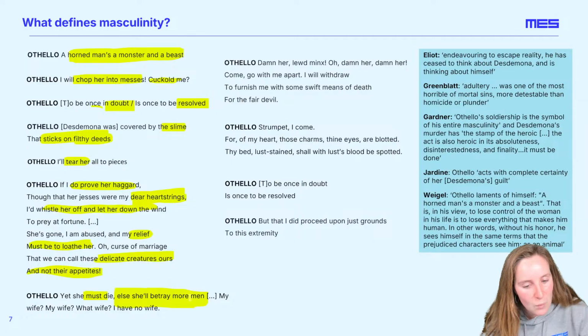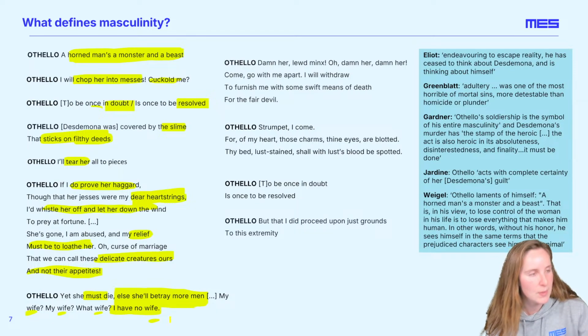And the idea that once he has decided about her infidelity, the bond is broken here. And we can see this fixation with him here as well in terms of his wife, this immediately cutting off here.